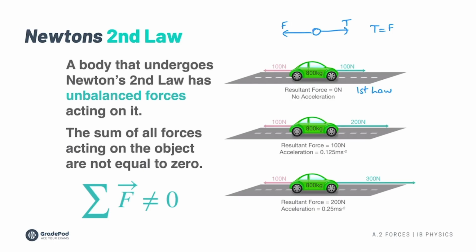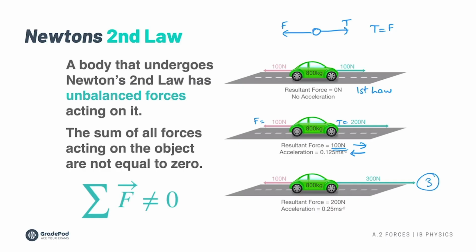As soon as those forces become unbalanced, then Newton's second law applies because it causes acceleration. So if we look at the second situation here, thrust is equal to 200 newtons, friction is equal to 100 newtons. That means there is a resultant force of 100 newtons towards the right, and that resultant force causes an acceleration.